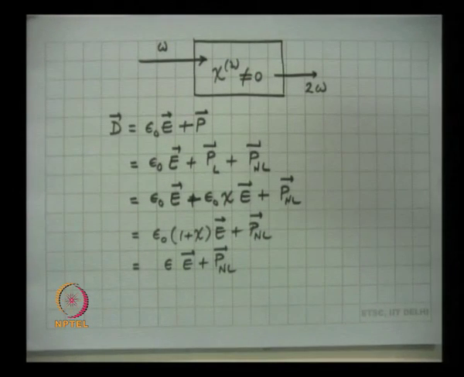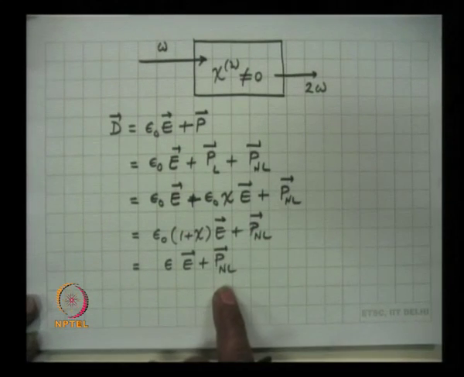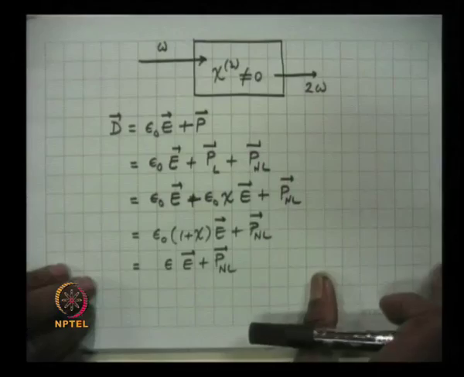Epsilon is the dielectric permittivity of the medium. So, the linear part of the polarization has been taken into account in epsilon, and this second term is the nonlinear term. So, normally D would have been equal to epsilon E. Okay, so that is the expression for D. So, let us go back and write the equations.